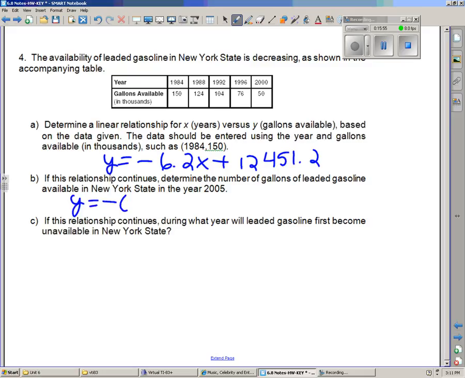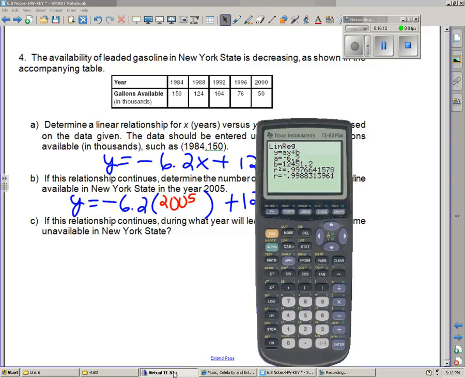So Y equals negative 6.2 times the year, 2005, plus 12,451.2.